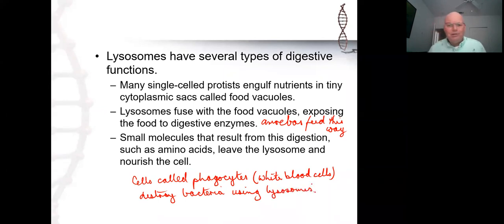So after they capture the bacteria, and we'll talk in an upcoming chapter about how they do that, they actually use the lysosomes then to destroy the bacteria. Often it winds up killing the phagocytes. So if you've ever seen pus associated with a cut, then you've seen the dead phagocytes that have been eating the bacteria, and as a consequence have been killed by the toxic substances that are released by the dead bacteria. Better that these cells die than the whole organism, you, die as a consequence of the bacteria.